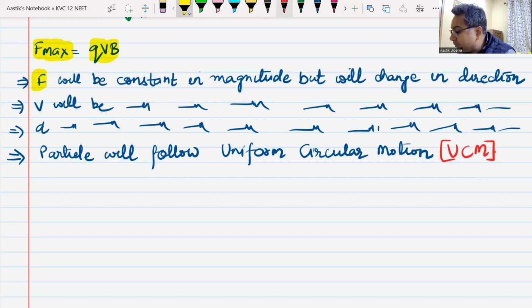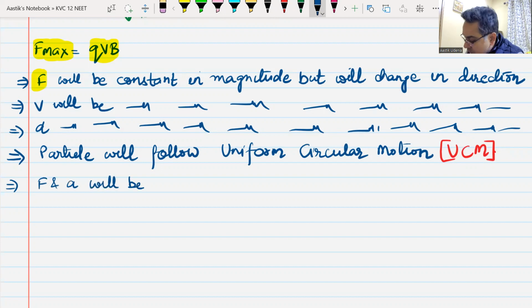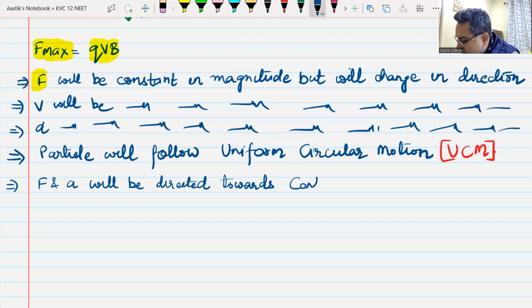So that is the next point that we will write. Force and acceleration will be directed towards the center of the circle.